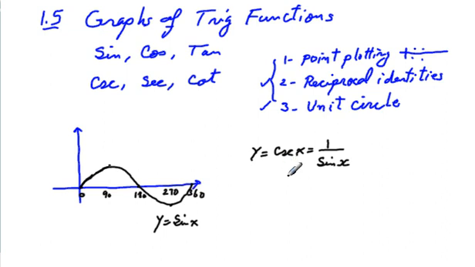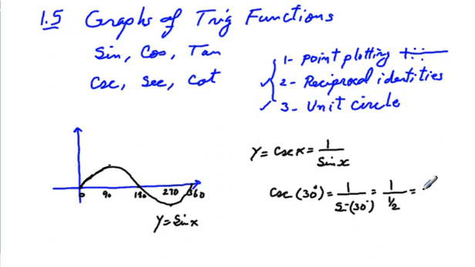Let's just practice. Suppose you wanted to do point plotting. Suppose you are interested in cosecant of 30 degrees. If you wanted to calculate it on your calculator, you would take sine of 30 degrees and get the reciprocal of that. Well, you know sine of 30. What's sine of 30? 1/2. So the reciprocal of 1/2.